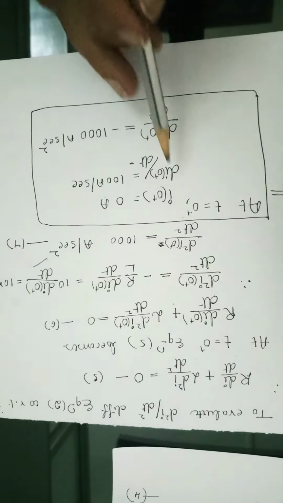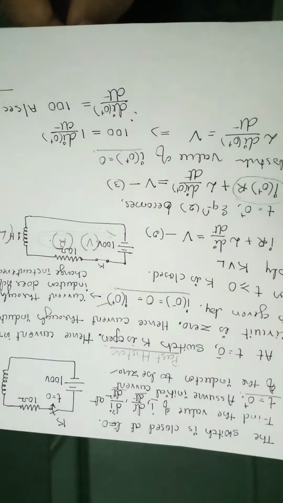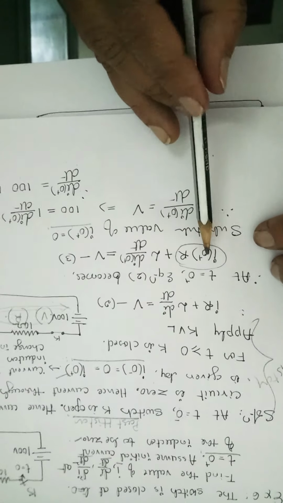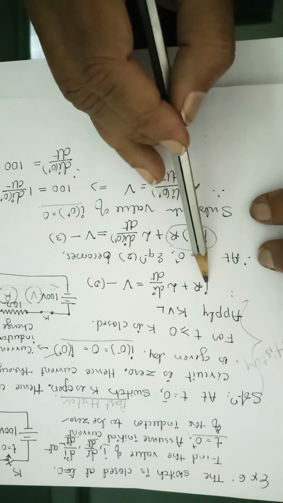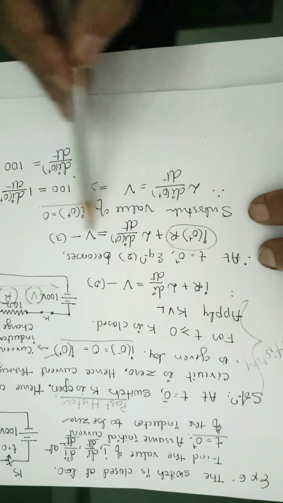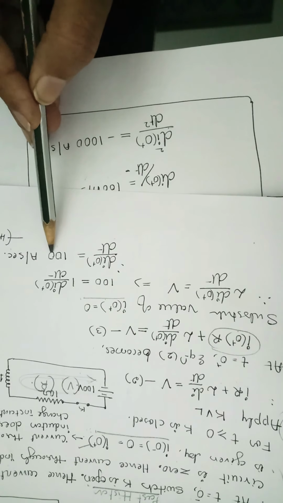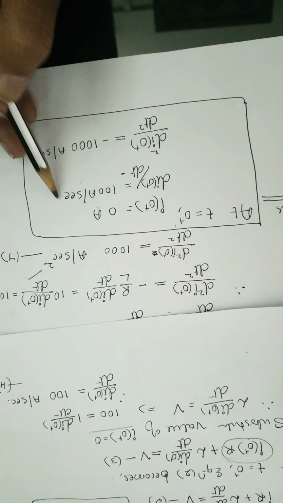Then di(0 plus)/dt is equal to 100 amperes. Substitute the value of i at 0 plus and simplify it, we get di(0 plus)/dt equal to 100 amperes per second.